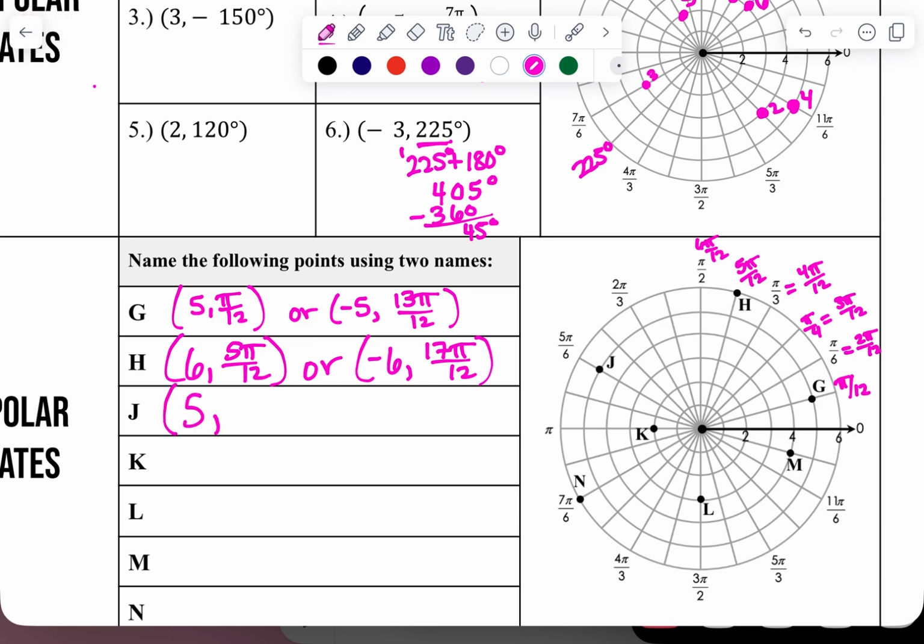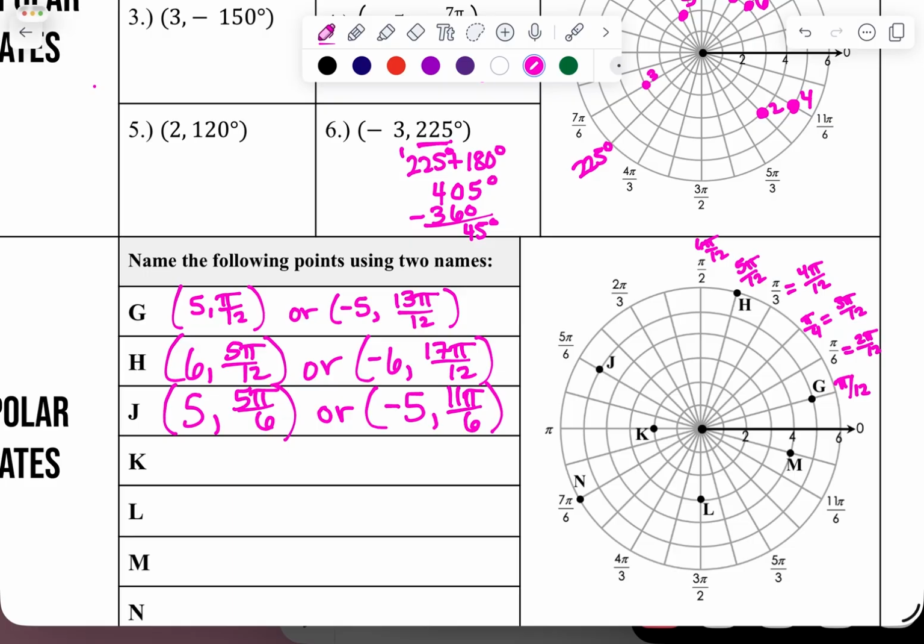And the argument there, the angle is 5 pi over 6. Or if we make it -5, so we've got to come over and see what this one is. So 11 pi over 6. Or again, just add pi. So 5 pi plus 6 pi gives us 11 pi over 6 to get that.